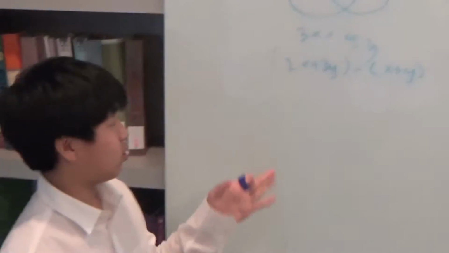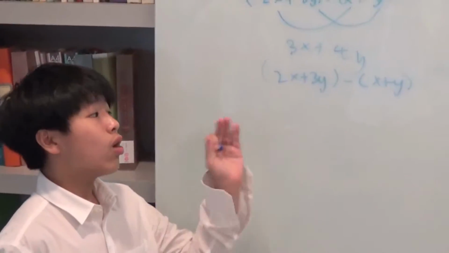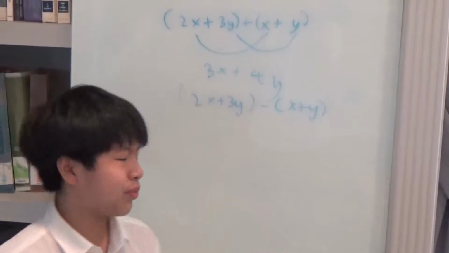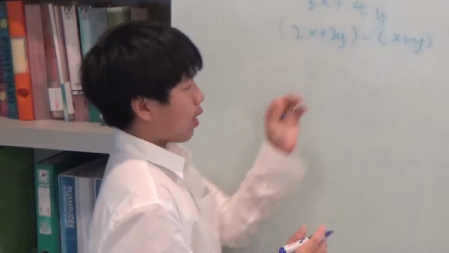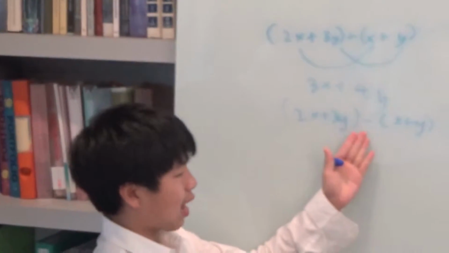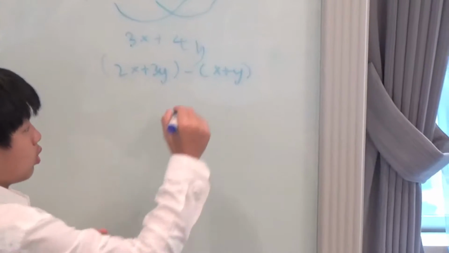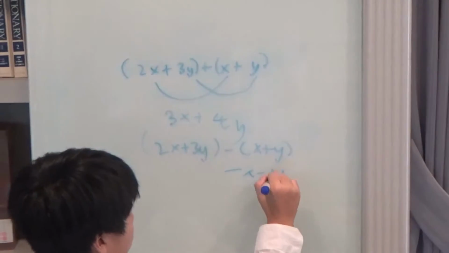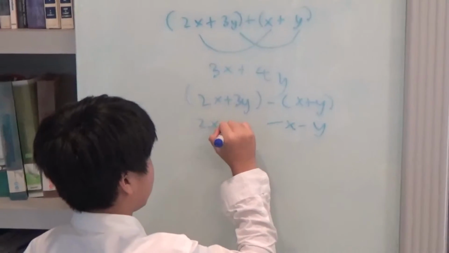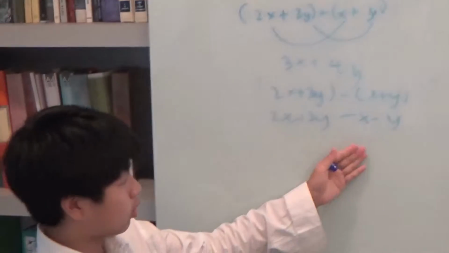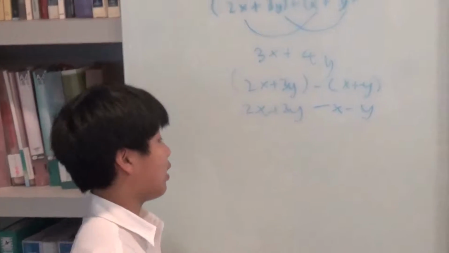This problem is very similar to addition, but there's a negative sign, and we need to use the distributive property and multiply the negative sign with every term in the parentheses. And again, x and x are like terms, y and y are like terms, so we can combine them.